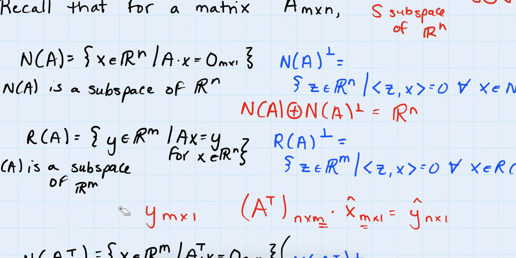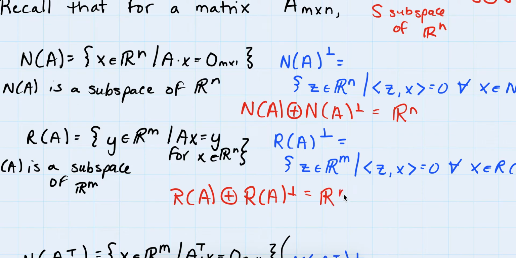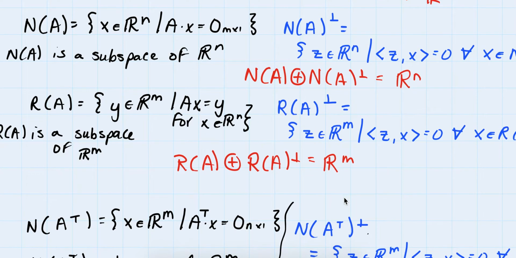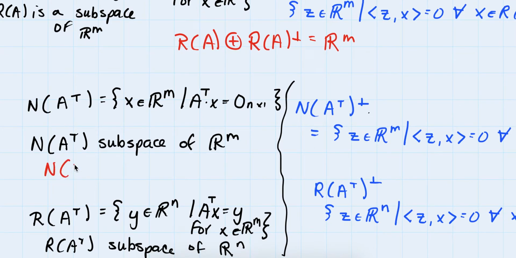And then the range, if you take the range and its orthogonal complement, they're going to be subspaces of Rm. So the range of a matrix and its orthogonal complement is all of Rm. And you could do this for the transpose as well. You could say that the null space of the transpose, the direct sum of that with its orthogonal complement, is all of Rm, because they're subspaces of Rm.